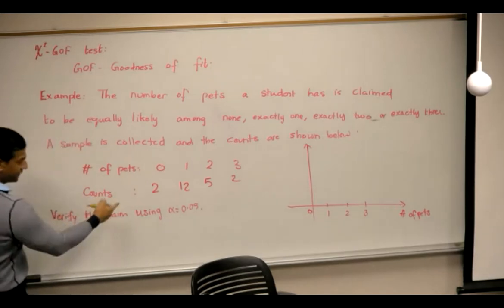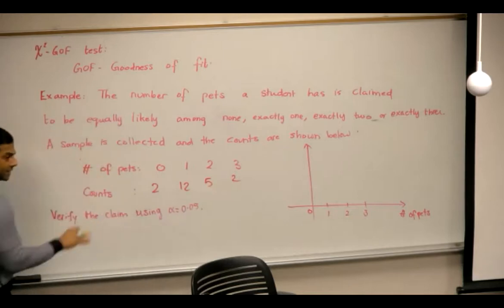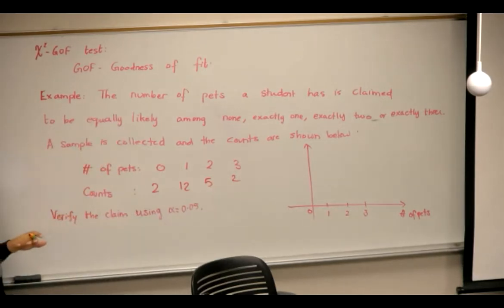So the observed counts are 2, 12, 5, and 2. Under the null, if they're all the same, and if I have 19 people, a fourth of 19 is 4 point something. I'm going to round it to 5.